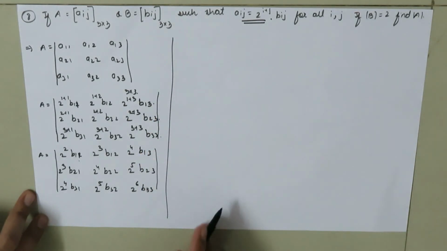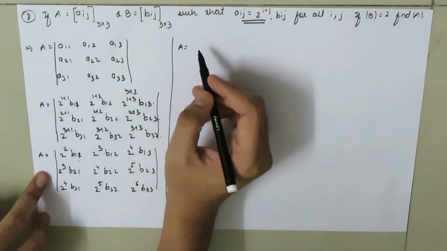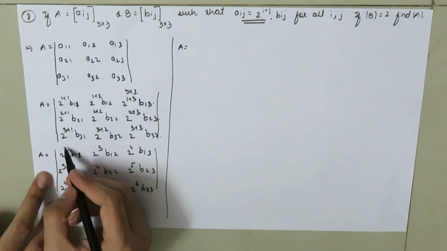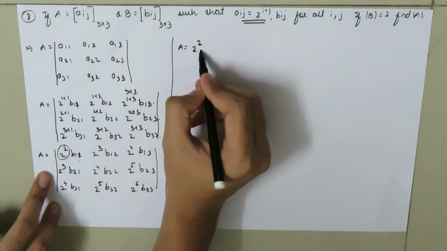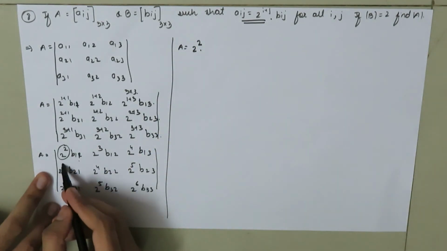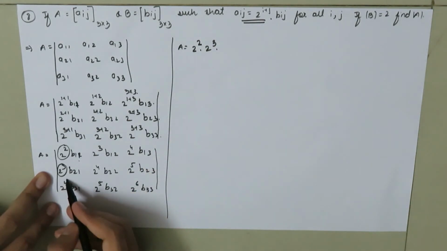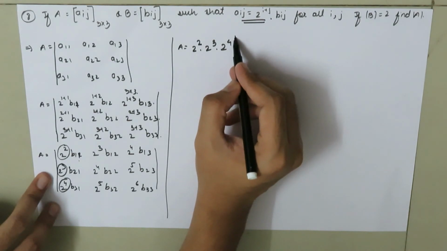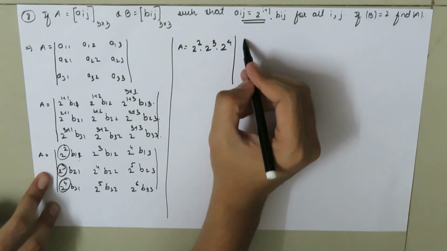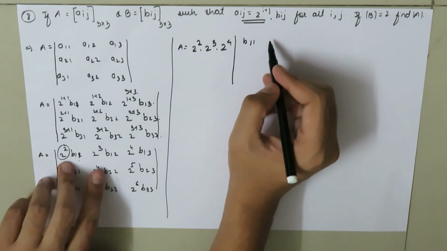And now this is the crucial step here, and from this row I'm gonna take 2 to the power 2 outside. So 2 to the power 2 outside from this row. From this row I'll take 2 to the power 3 outside, and from this row I'll take 2 to the power 4 outside. So we can write this as B11, as I have taken 2 to the power 2 from this row.